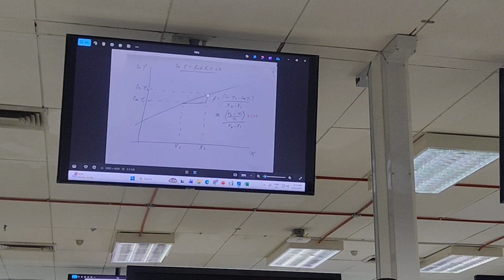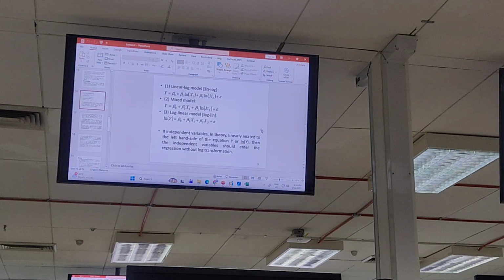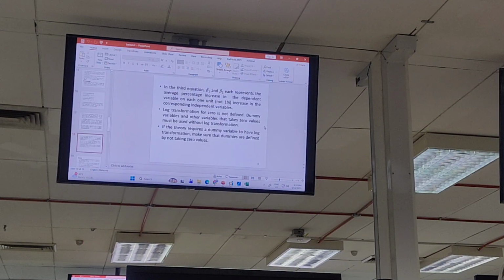As given here, you interpret this beta 1. The slope parameter represents the percentage change in Y per unit change in X. But in order to use that interpretation, you have to multiply the estimated value by 100.